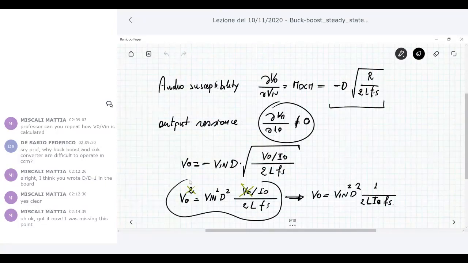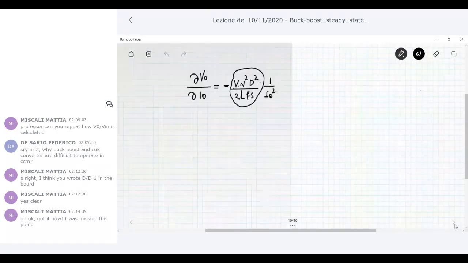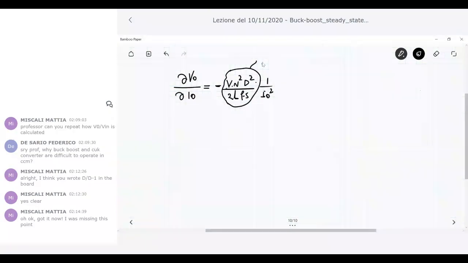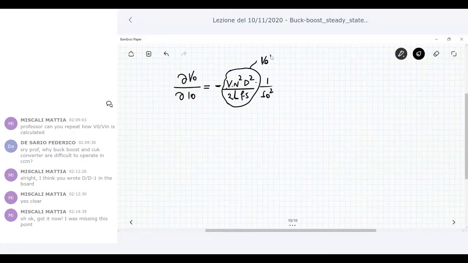V naught square is given by this expression: V in square, D square, 2L Fs. So what you have here is exactly the same quantity as here.